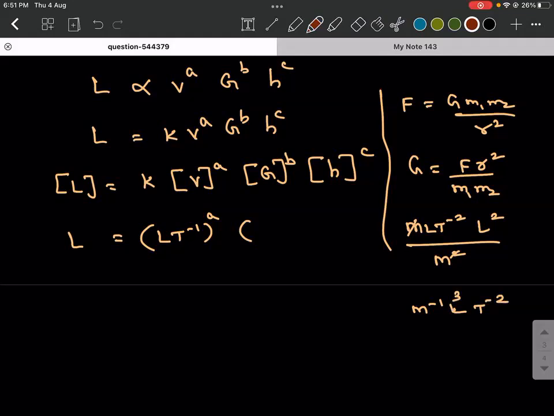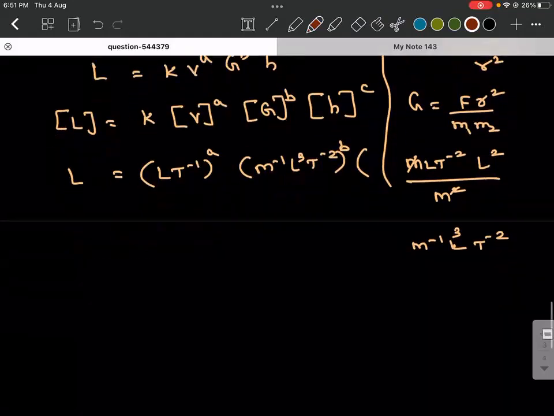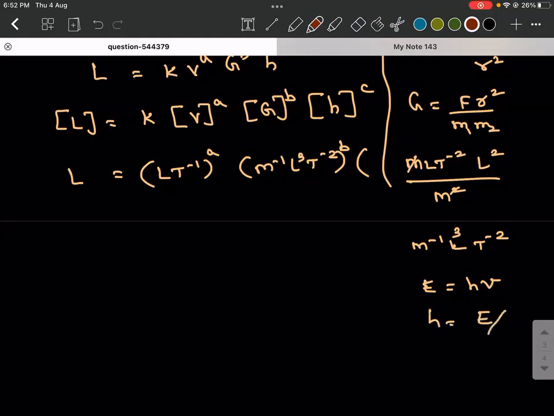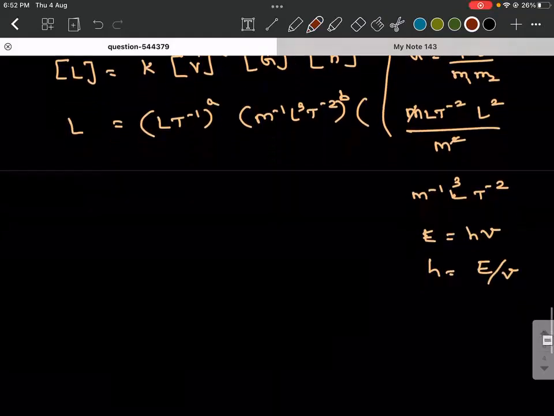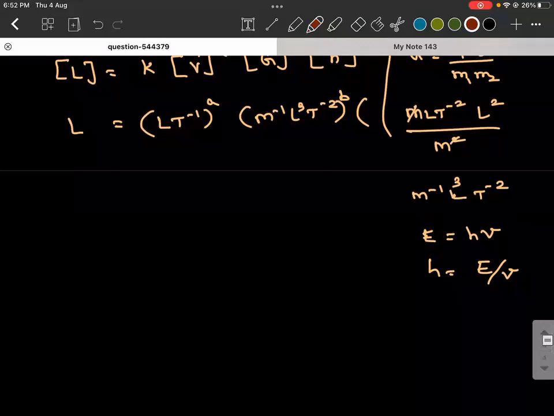Now, so M minus 1 L3 T minus 2 raised to the power b into Planck's constant. Where will you write? In your chemistry, did you learn E is equal to h nu? So h is Planck's constant. So h is equal to E divided by nu. It is not v, it is nu. Nu is frequency.